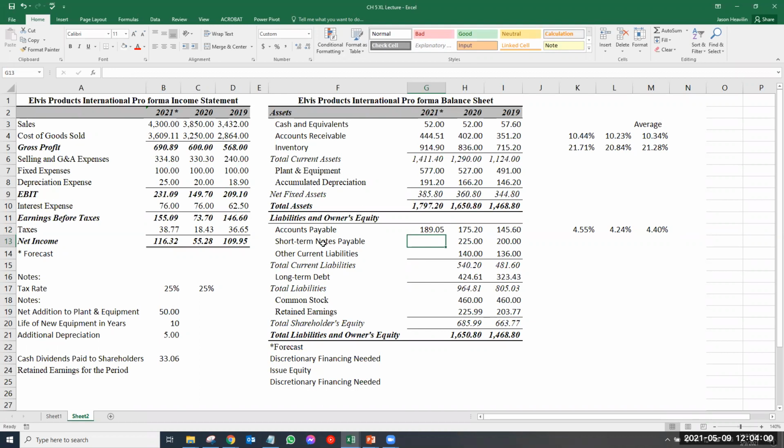There's no information on short-term notes payable having changed, not in the notes, and they're not related directly to sales. So we're going to assume they're going to stay the same as the previous year. Other current liabilities, we will go through the same process. Start the formula: equals other current liabilities divided by the sales of the year.